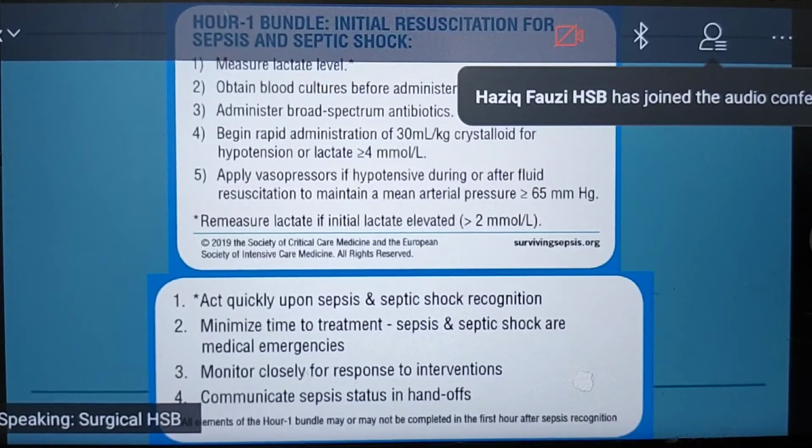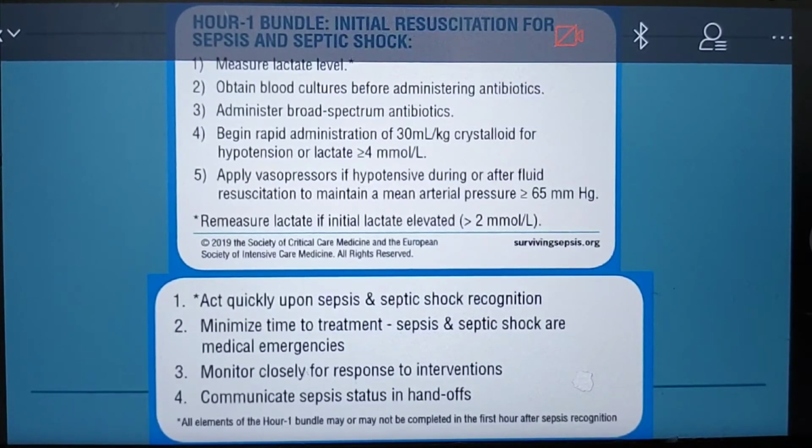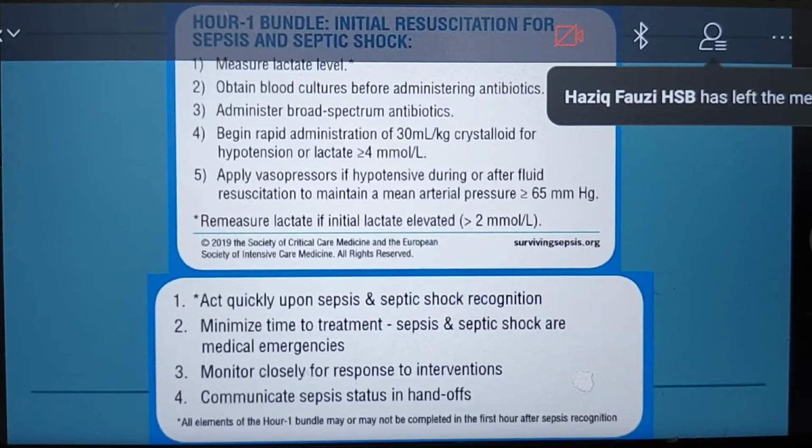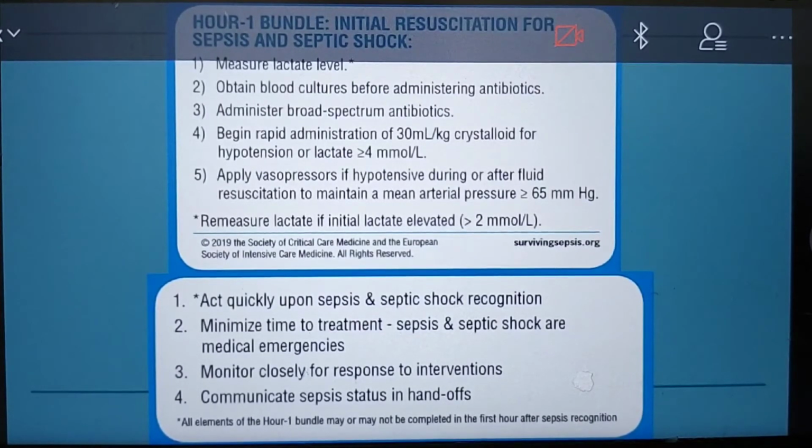After we take the blood culture, then we administer the broad spectrum antibiotic. And in septic shock, we need to begin rapid administration of 30 ml per kilo crystalloid. This is fluid for a patient having hypotension or lactate 4 or more. Then apply vasopressor if hypotensive during or after fluid resuscitation to maintain a MAP of 65 or more, and remeasure lactate if initial lactate is elevated more than 2.